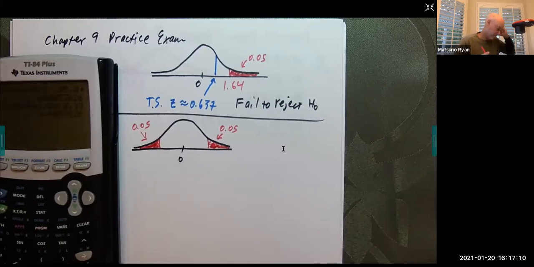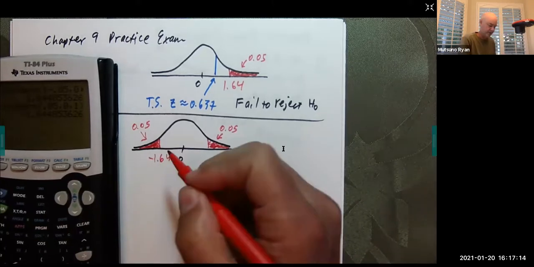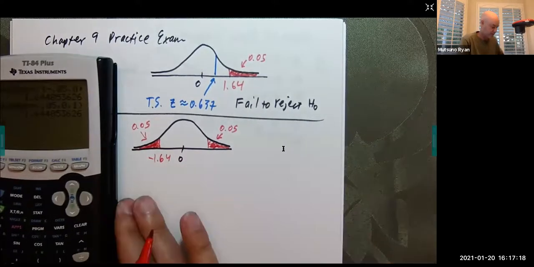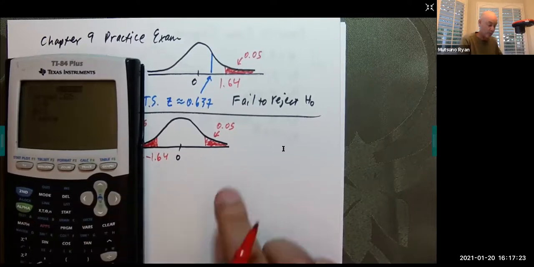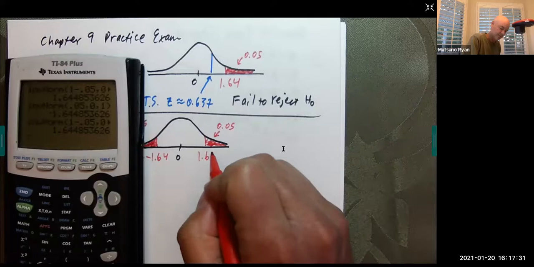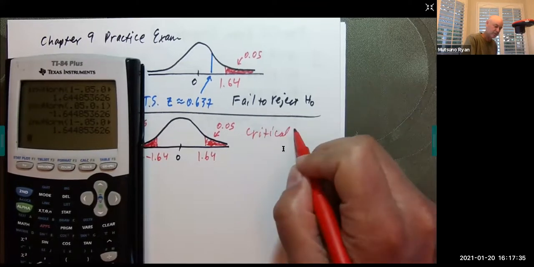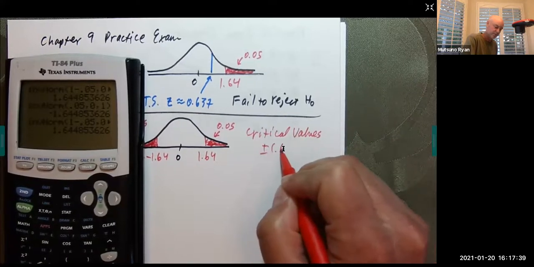And we get negative 1.64. And to find this one, it's going to be the same as that one there, but I'll show you how to do it anyway. Over here, and now I have to do my 1 minus trick. 1 minus 0.05. Positive 1.64. So the critical values are plus and minus 1.64.